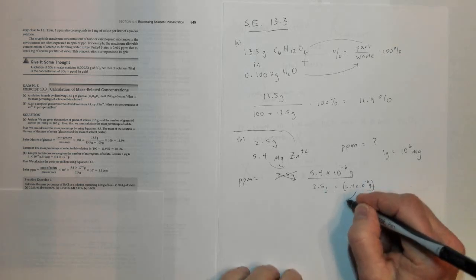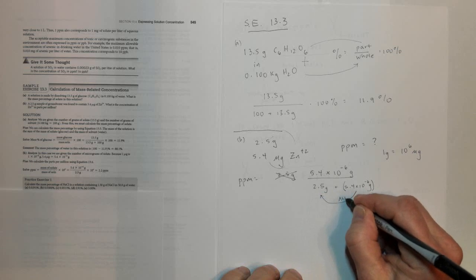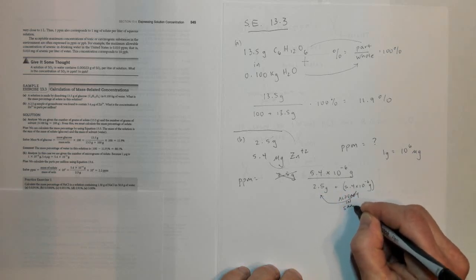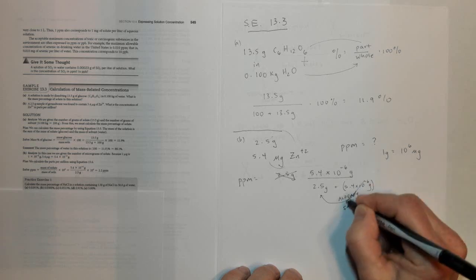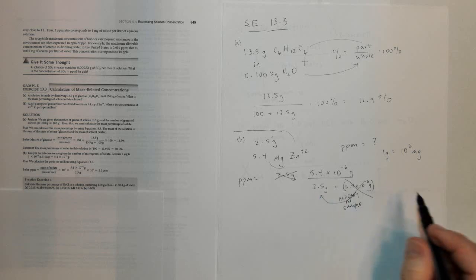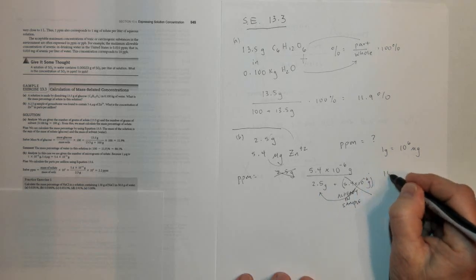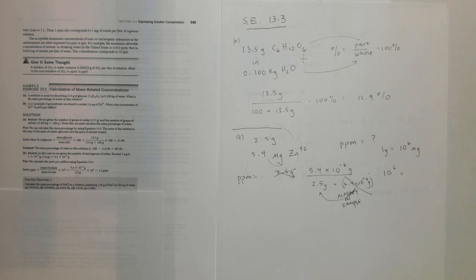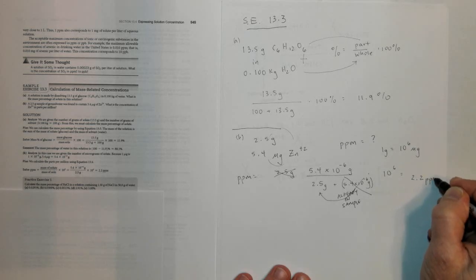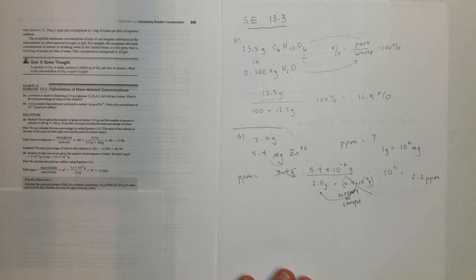And so this is already in the sample, so we don't need to add that in, and plus 10 to the negative 6th wouldn't add very much to 2.5. Then we need to multiply this by 1,000,000, so multiply this by 10 to the 6th, and 5.4 times 10 to the negative 6th divided by 2.5 times 10 to the 6th ends up being 2.2, and then we use ppm as the units for that, parts per million.